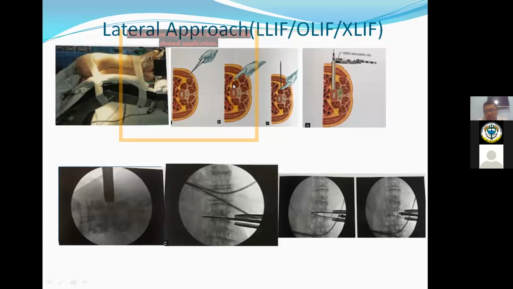We split the psoas muscle if it is trans-psoas, but nowadays we prefer prepsoas, that is oblique, and we pass the serial dilators. These dilators have a neuromonitoring system also. Once we pass the dilator, we reach the disc space, and we can remove the disc and prepare the end plate, and we can pass the cages after preparation of the end plate.